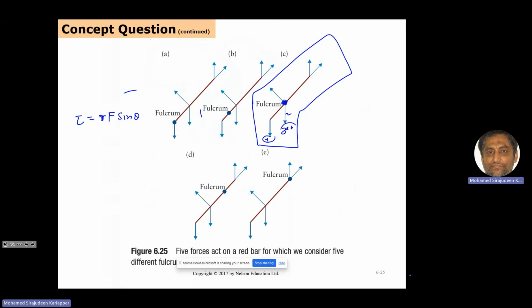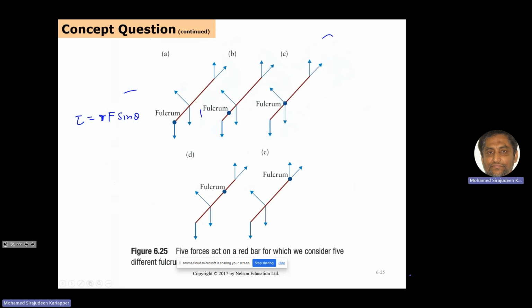You know why it is 0? Number 3 is 0. R is 0, right? Number 4 is positive. Number 5 is 0. Do you have any plus and minus? We have only plus and 0. Zeros are of no use.